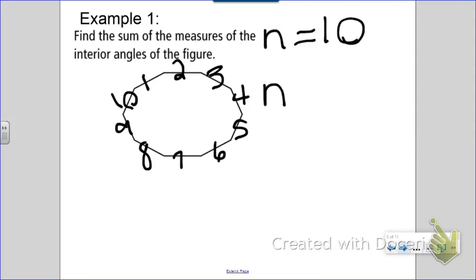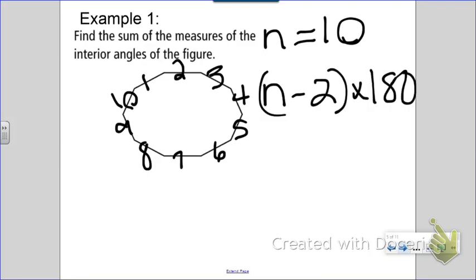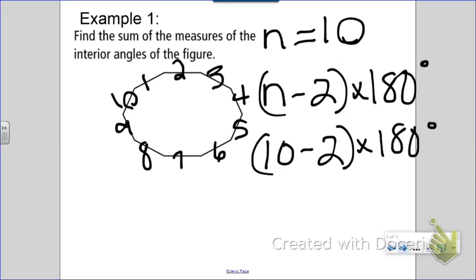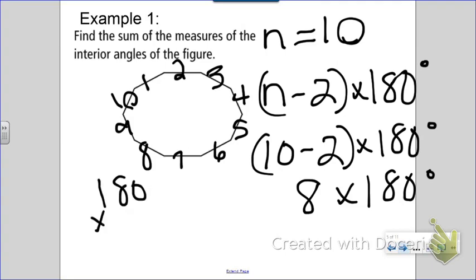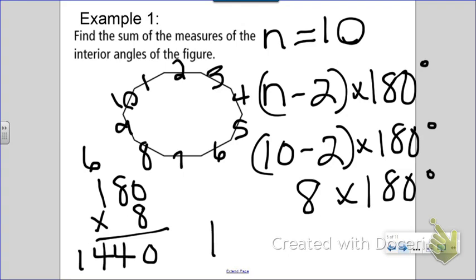We take (n-2) times 180, 10 minus 2 times 180 degrees, so 8 times 180 is 1,440 degrees.